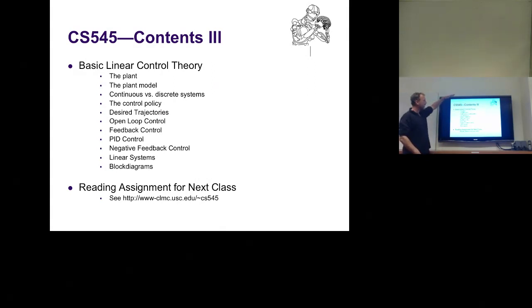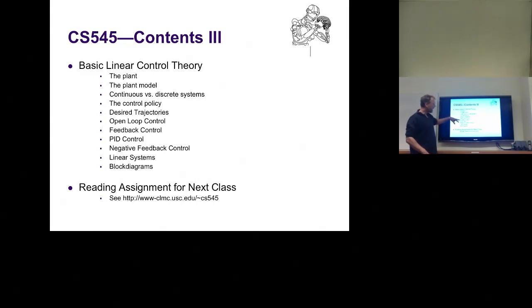So what am I after today? We need to talk about the basic concepts of linear control theory, like the plant model, continuous versus discrete systems, the control policy, desired trajectories, open loop control, feedback control. These are things I mentioned in the intro lecture already a little bit, but they will come another time.